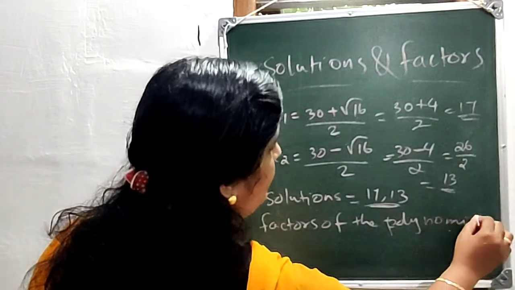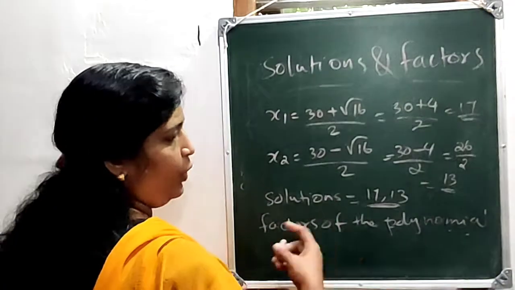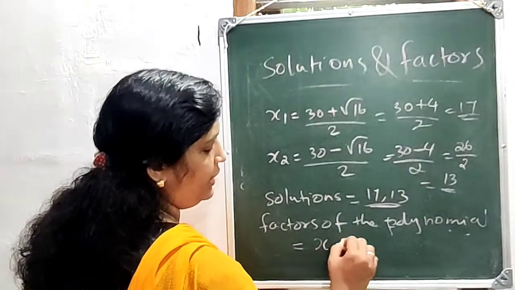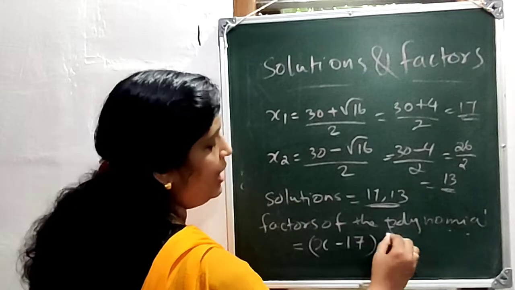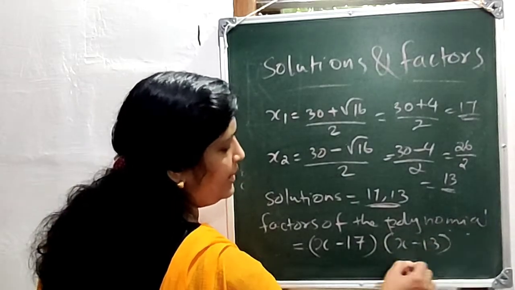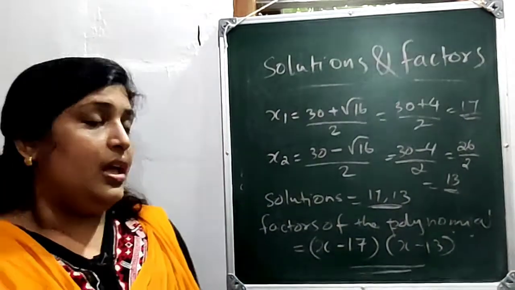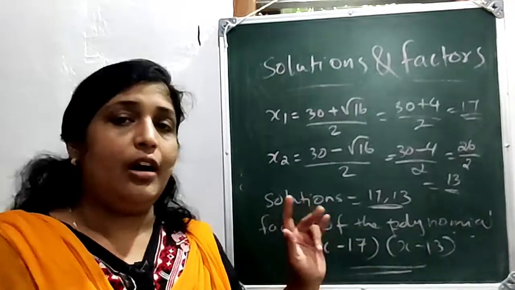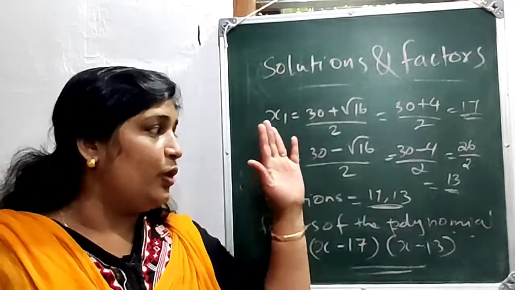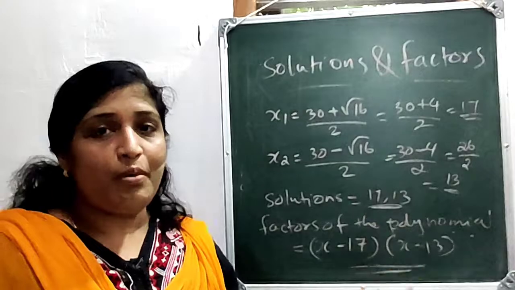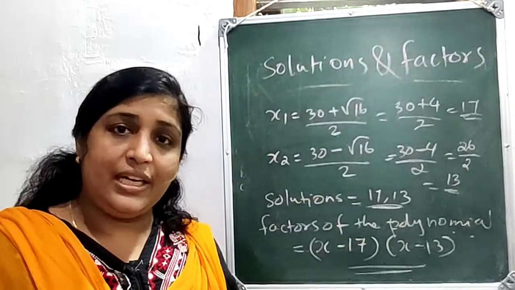Then the factors are two polynomials: one is x minus 17 and the second one is x minus 13. These two are the factors of this polynomial.